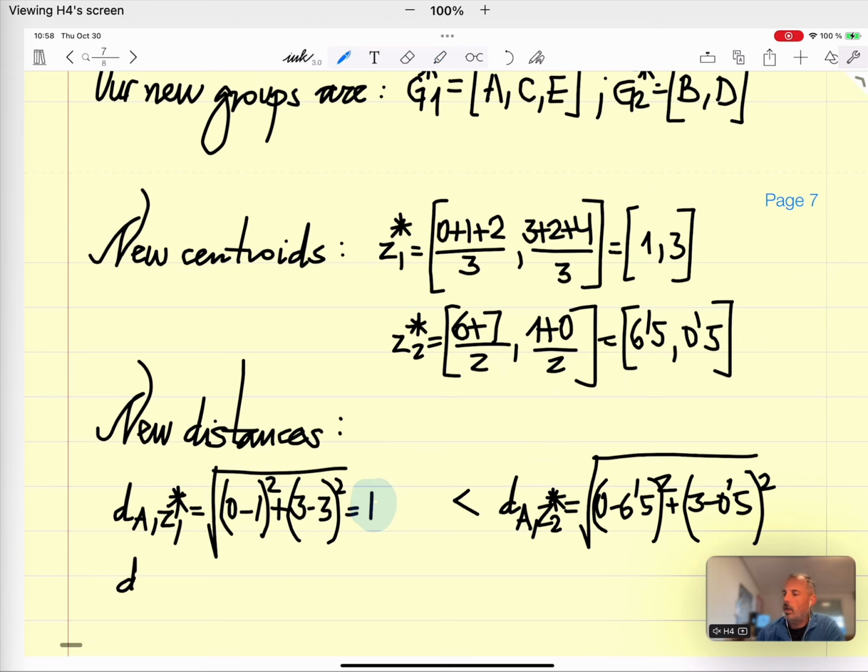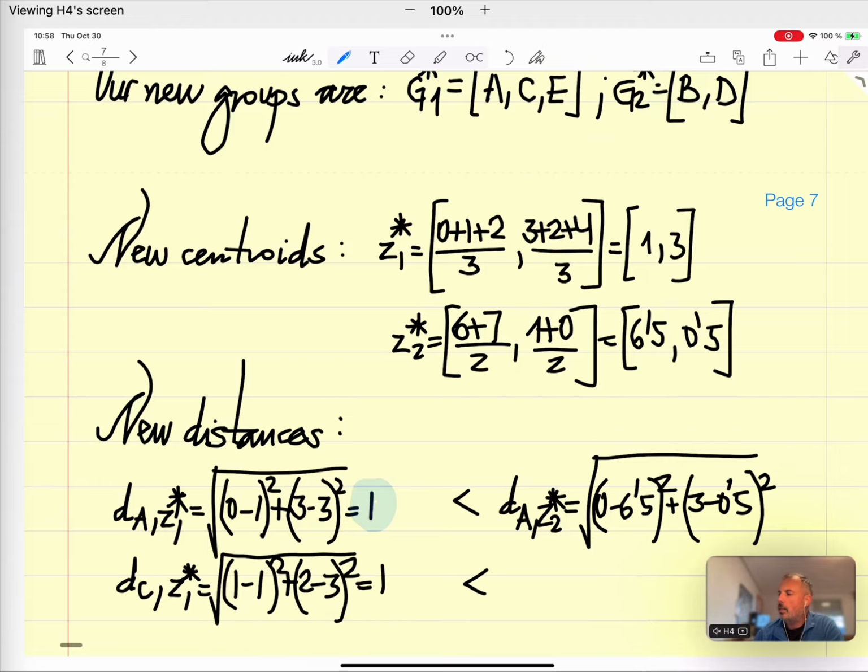So the distance between the second point of the first group, Z, to the center Z1 star is (1 minus 1) squared plus (2 minus 3) squared. This is going to be again 1.